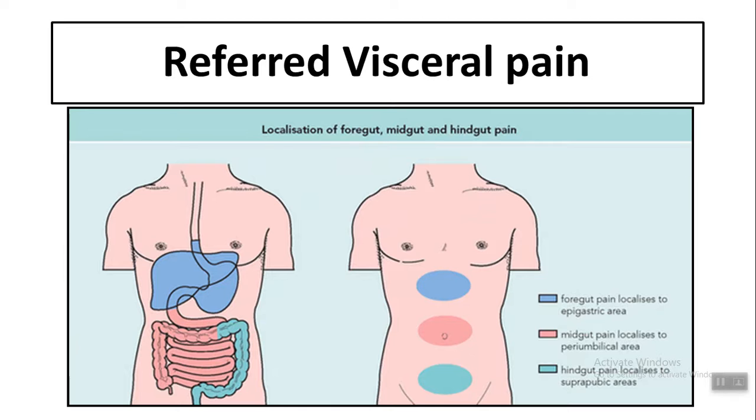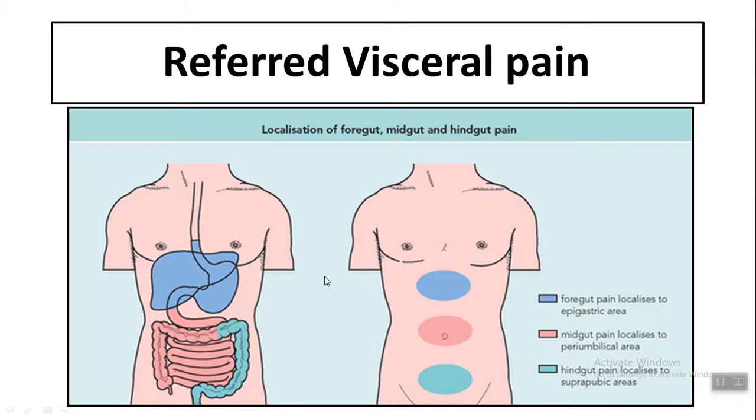So, as the appendix is part of the midgut, its pain will be referred in the early stage of appendicitis. In the early stage of the inflammation, we will see that the pain will be felt in the midgut, in the periumbilical area. Why? One of its causes is that the appendix is derived from the midgut.